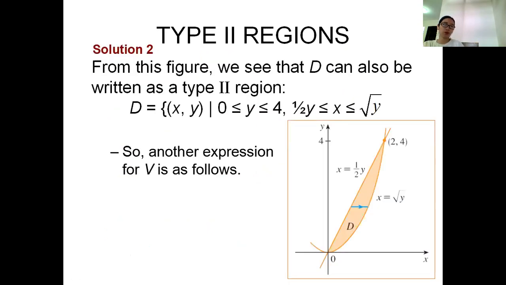So for solution 2, from this figure we can also think that it is possible to treat it as a type 2 region.